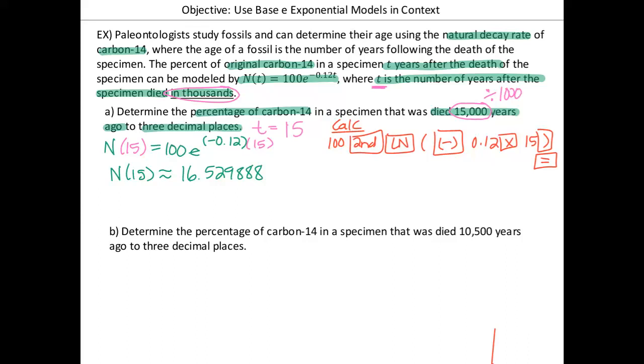But the direction says to 3 decimal places. So I'm looking at the third number, the 9 right here. That's where I need to round to, but the one next to it is 5 or more, so we have to add one more to the 9, which is 10. So my 29 is really a 30. So it's approximately 16.530.